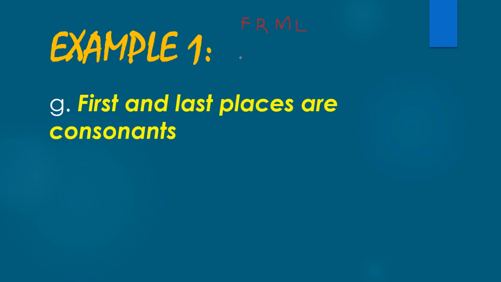So if the first and last places are consonants, so again we have 1, 2, 3, 4, 5, 6, 7. So let's say for the first position here, it will be occupied by any of these consonants. So we can have 4 possible letters to be used. Then let's say we use F here. For the last place, we still have other 3 left consonants. So we have times 3 here.